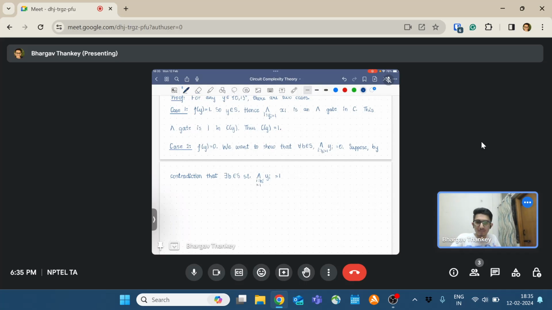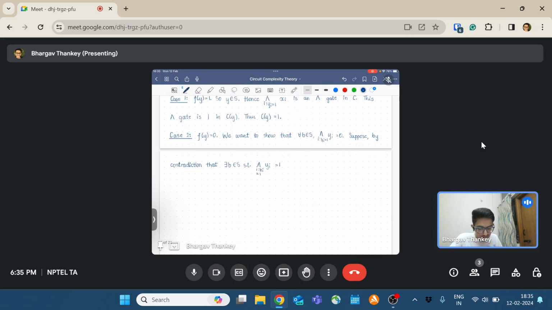Suppose by contradiction that there exists a b in S and an i such that bi equals one, yi is one. Can you tell me about any relationship between b and y?